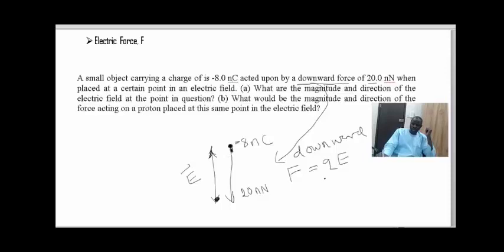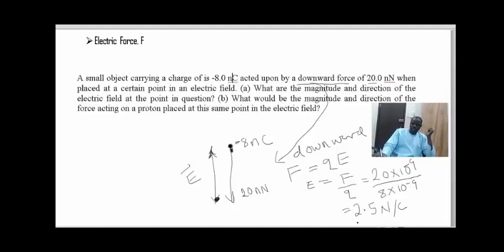Now let's evaluate the magnitude of our electric field using this relation. This is the force over the charge. So our force is 20 times 10 to the power -9 newton over our charge, which is 8 times 10 to the power -9. So this will give us 2.5 newton per coulomb.